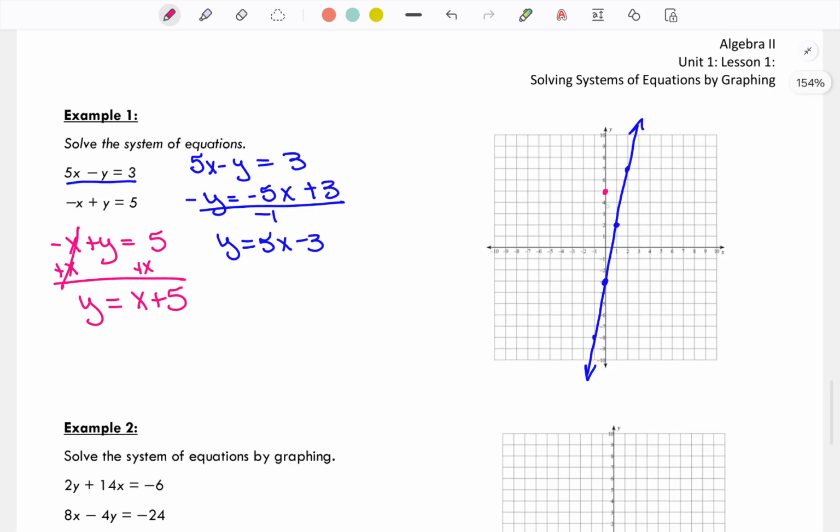And then we're going to go down 1 and over 1. We are not going down 1 and over 1, we're going up 1 over 1. I don't know what I'm thinking. So up 1 over 1.